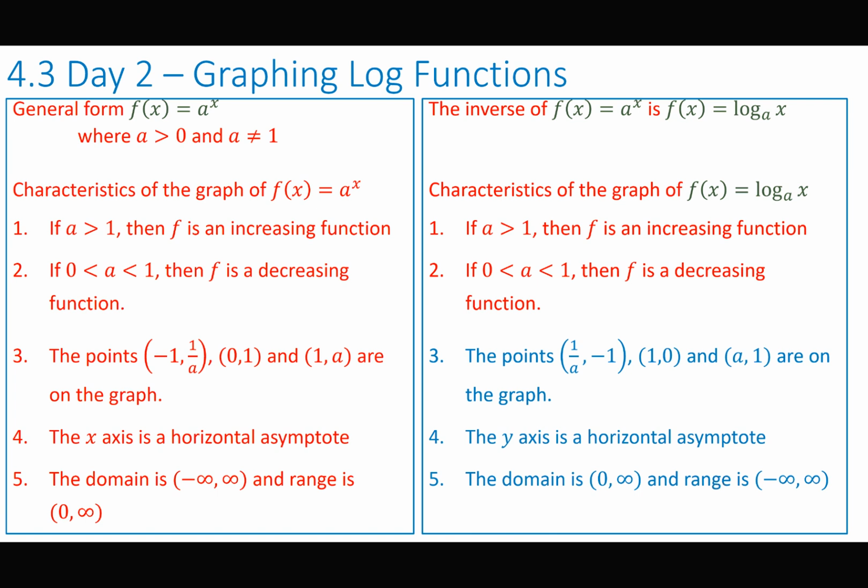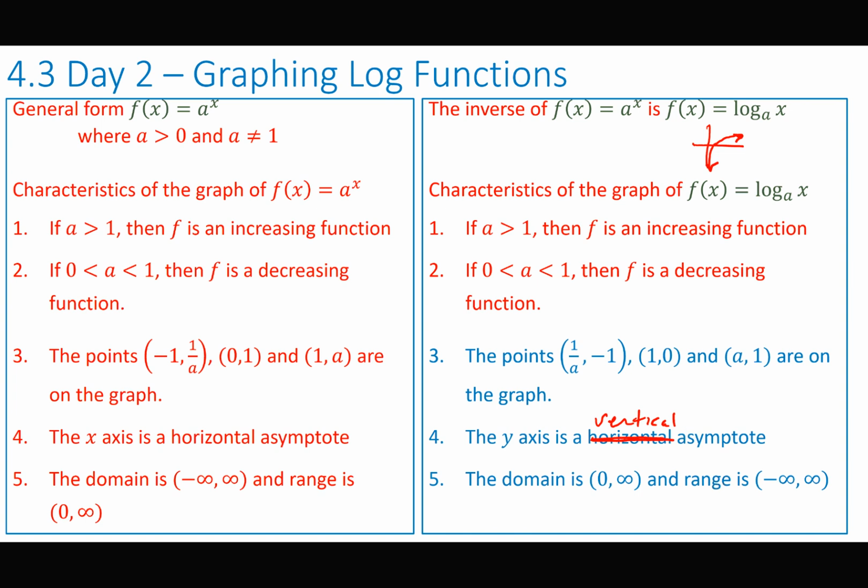Instead of passing through the point 0, 1, it's going to pass through the point 1, 0. And then the third point, a comma 1, will be on the graph. So a log function actually looks something like this. Okay, so it's going to be in quadrant 1 and quadrant 4, and then it's going to be going down, where now, this should actually be vertical, not horizontal.